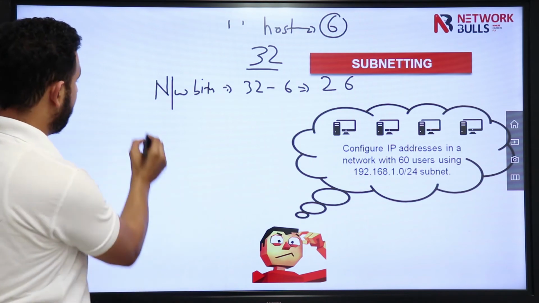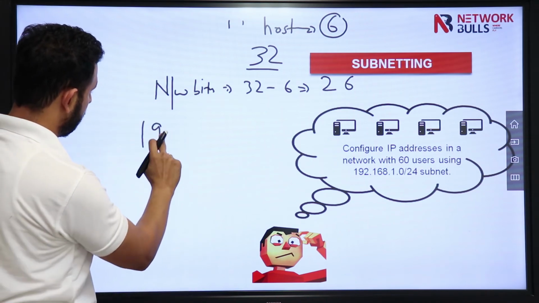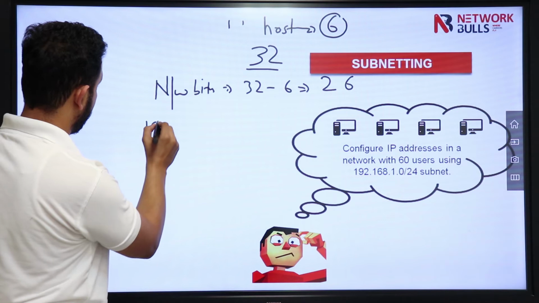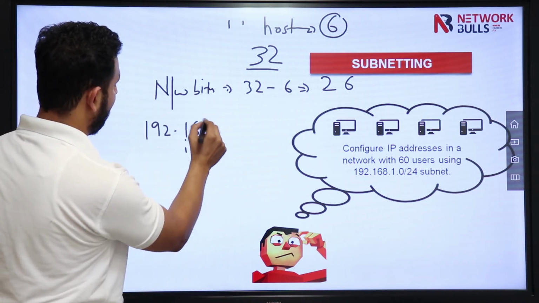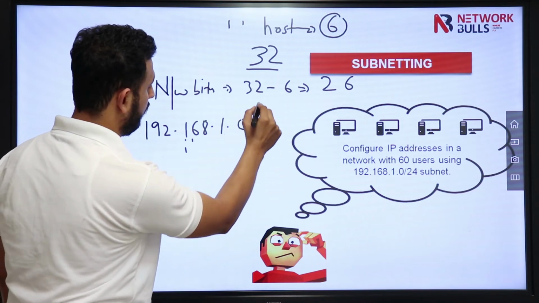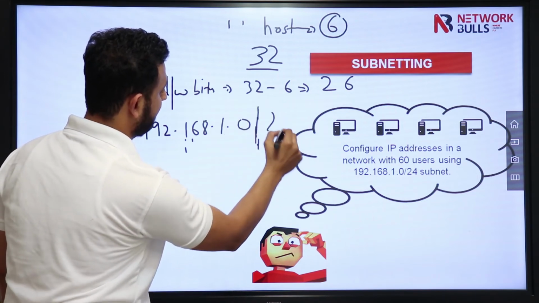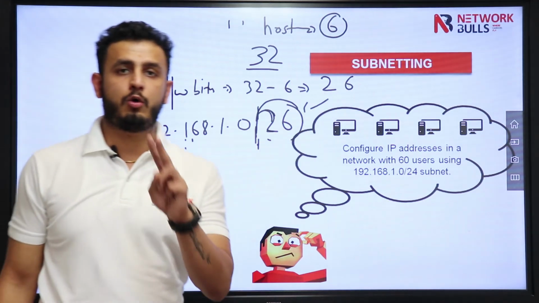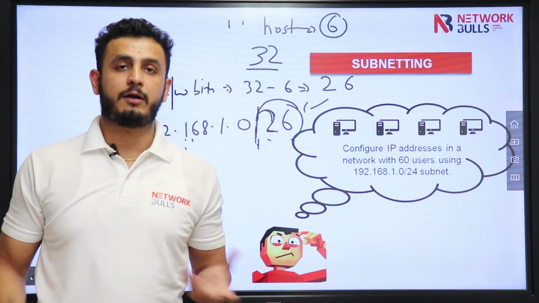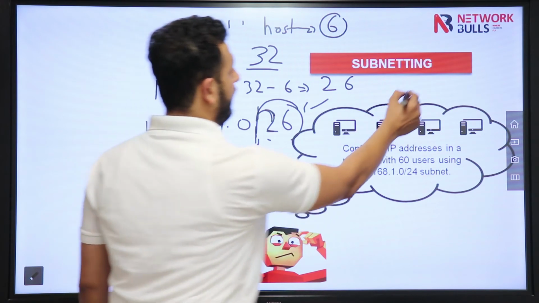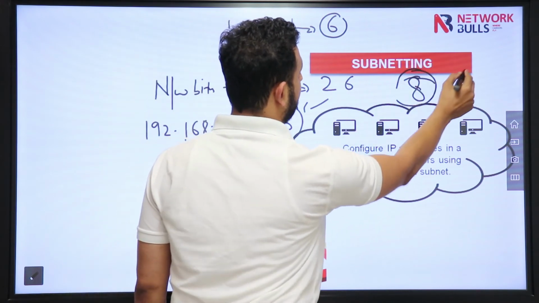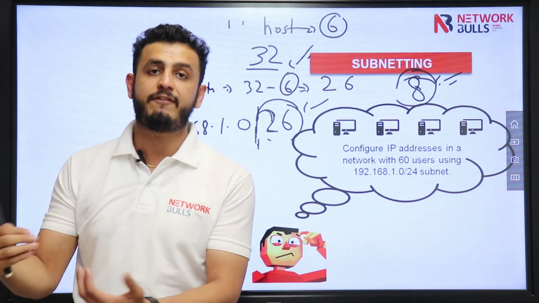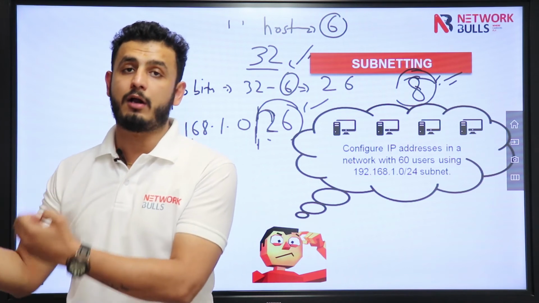So this time my subnet will be 192.168.1.0 slash 26. So what we have done? We borrowed 2 bits from the 4th octet because now we don't need 8 host bits. We need 6 host bits. So we are increasing the number of network bits to decrease the number of host bits.